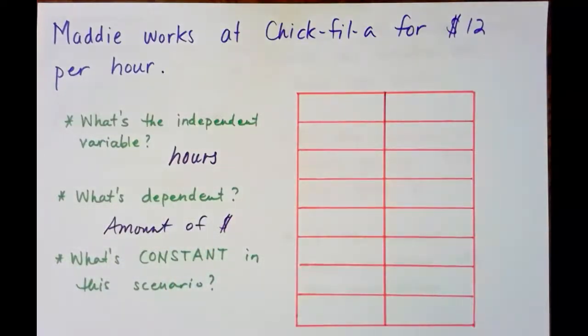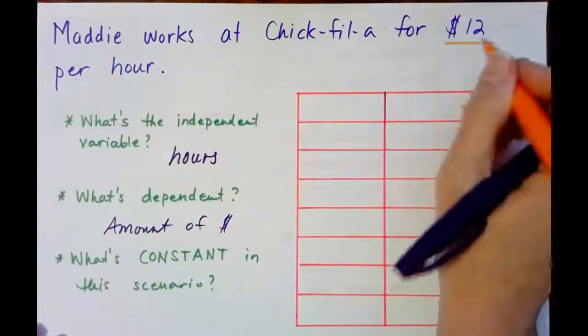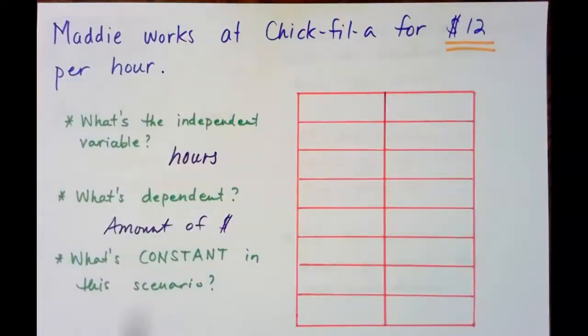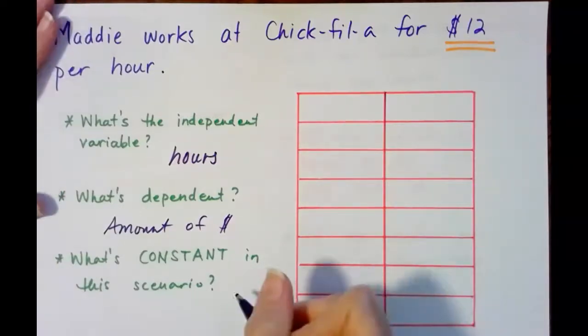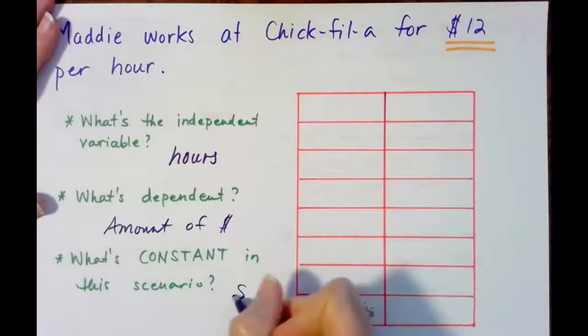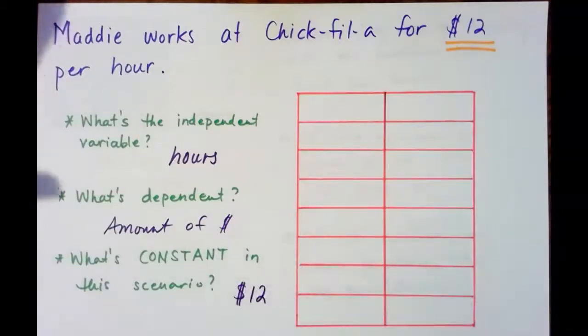But there is a constant in this scenario, and the constant is $12. Maddie is going to get paid $12 for every hour that she works. So the constant in this scenario is $12 per hour.